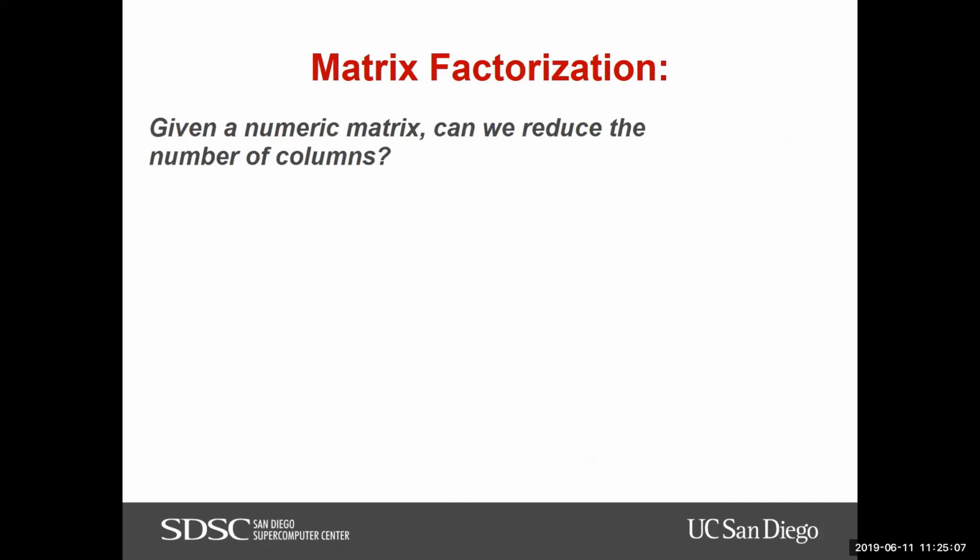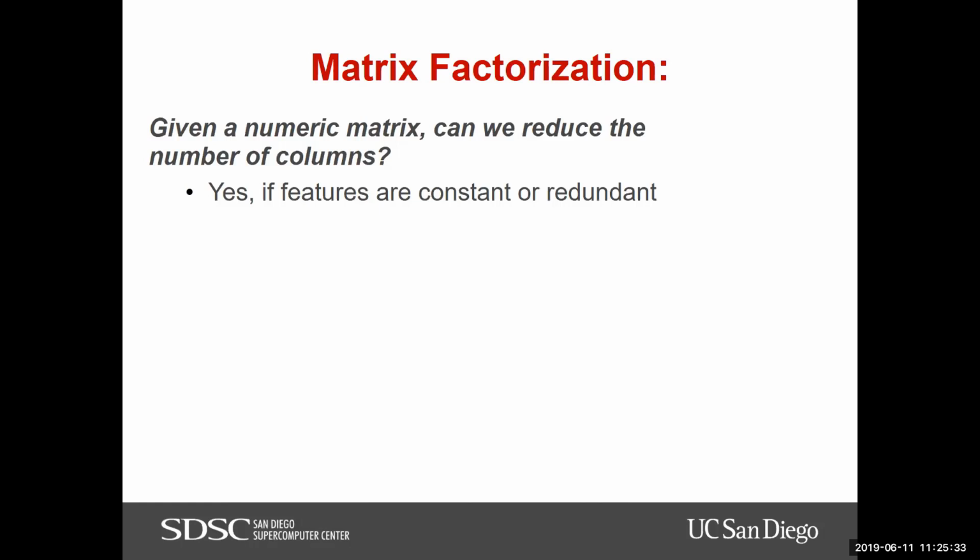All right. The other kind of process you might do if you have unsupervised data is called matrix factorization. If I have a numeric matrix, you can ask the question, can we reduce the number of columns? Sometimes I use the word variables, sometimes I use the word features. Depending on the situation, they're really interchangeable.